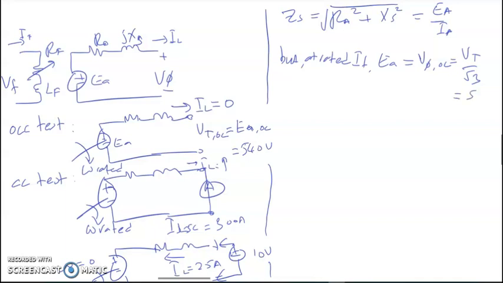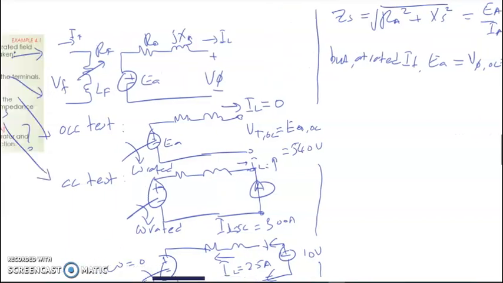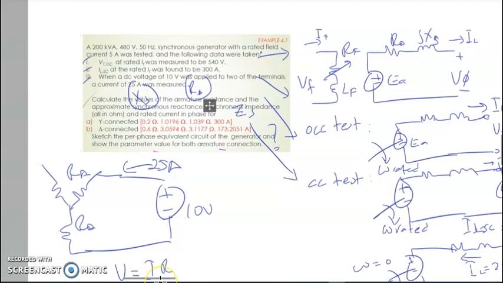And this 540 volt we have to divide by root 3, because we are trying to find the phase voltage instead of the terminal voltage. We measured the terminal voltage across the two terminals, so the phase voltage is equal to V terminal divided by root 3. So we get the phase voltage instead of the line to line voltage.